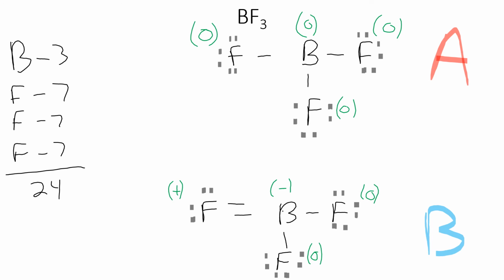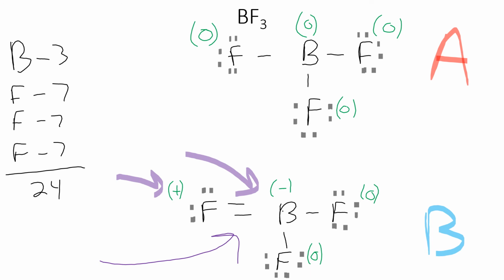Fluorine is more electronegative. It wants the electrons more. Is that what our Lewis structure in the bottom shows? No, that's not what our Lewis structure in the bottom shows. The formal charges of the fluorine and the boron don't make any sense in terms of the electronegativity and the formal charge matching.